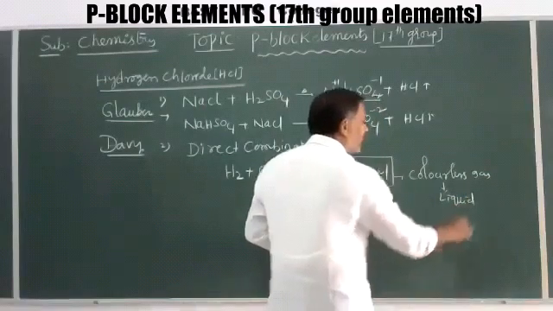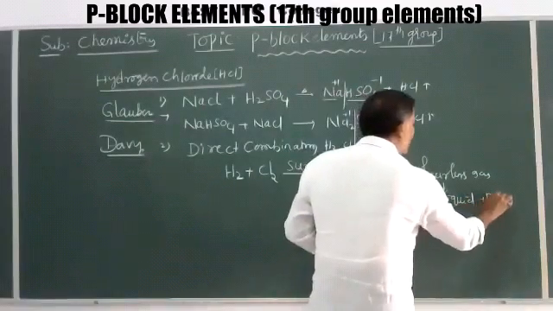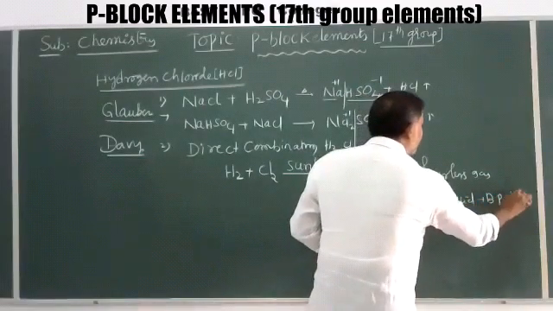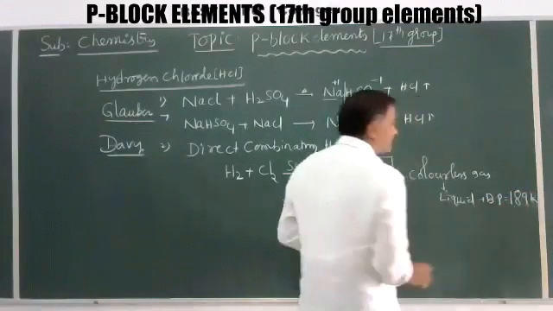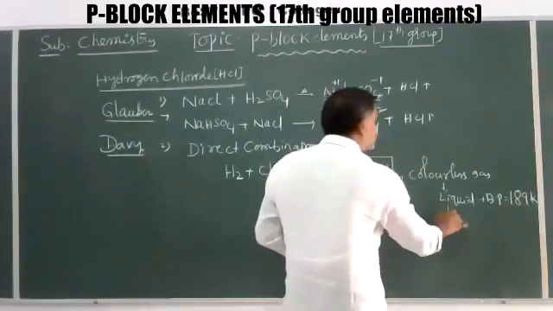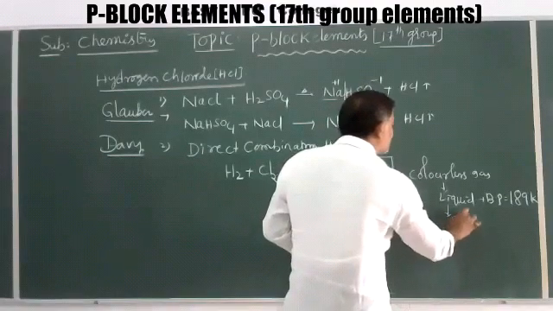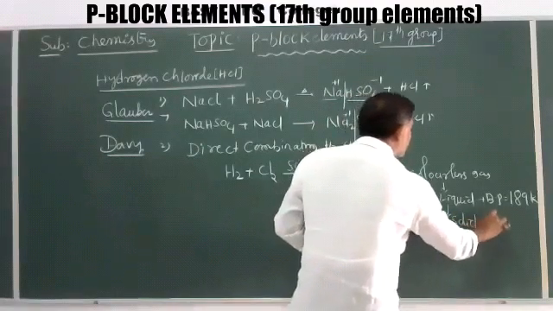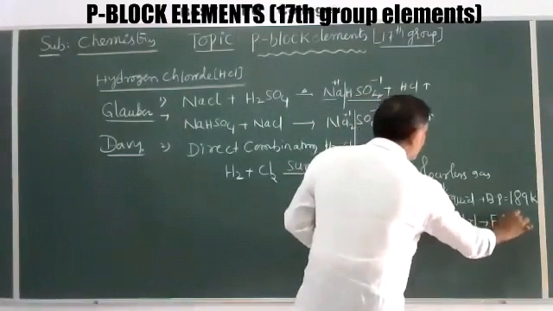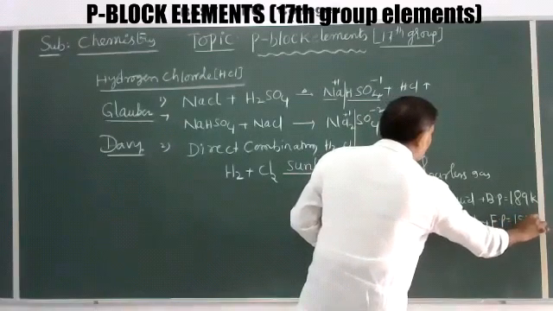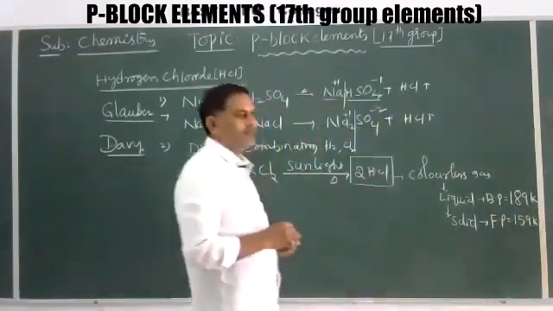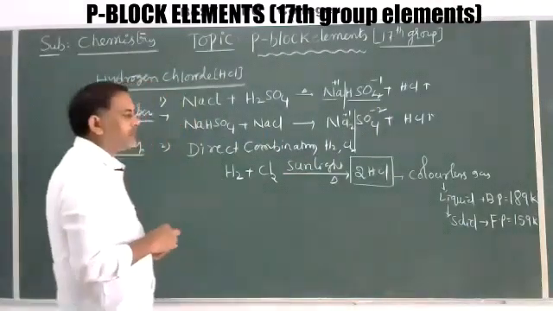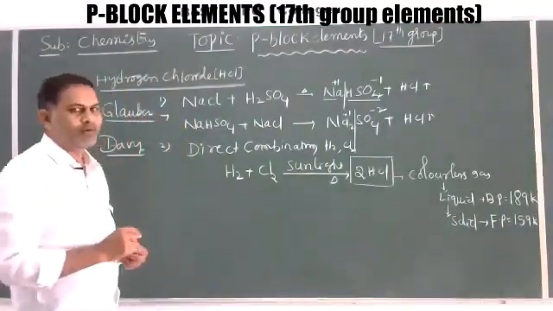Its boiling point is 189 kelvins, and it freezes as a white crystalline solid. Freezing point is 159 kelvins. These are the boiling and freezing points of hydrogen chloride.